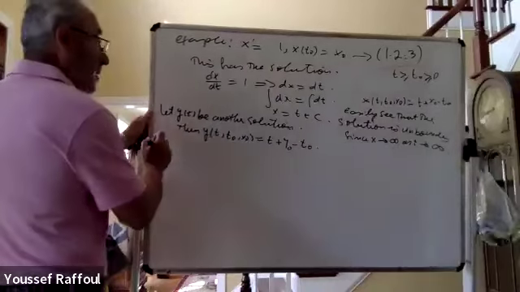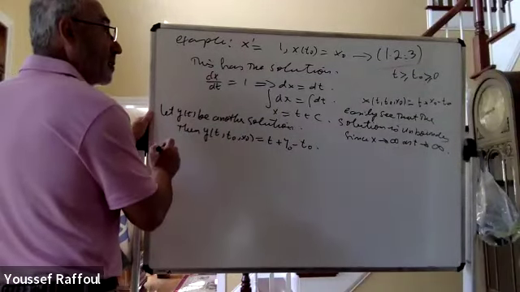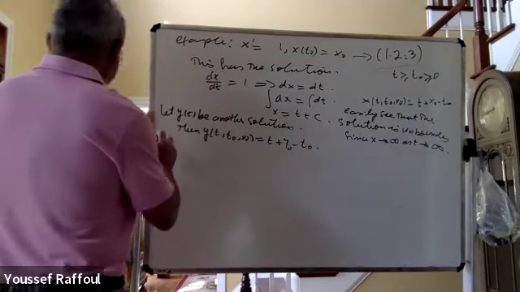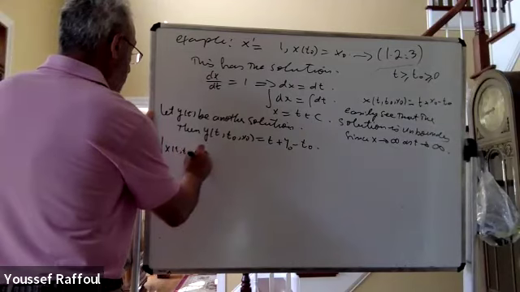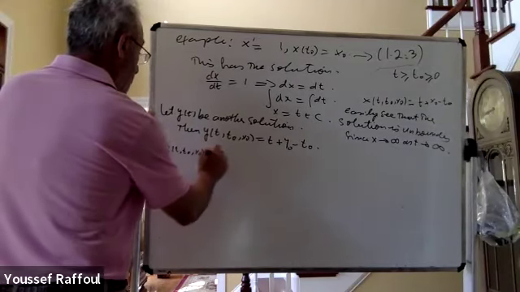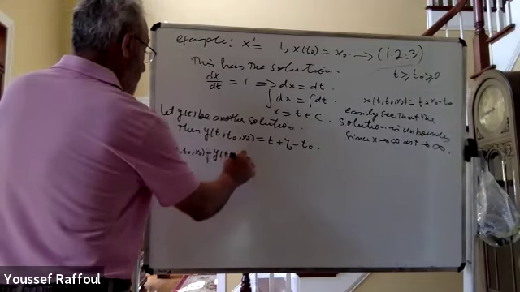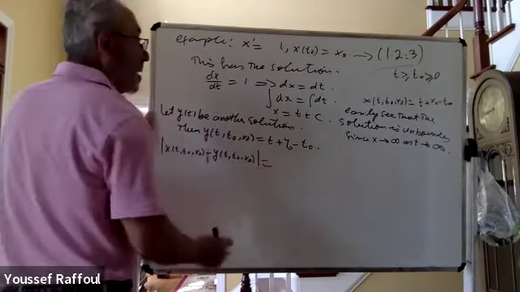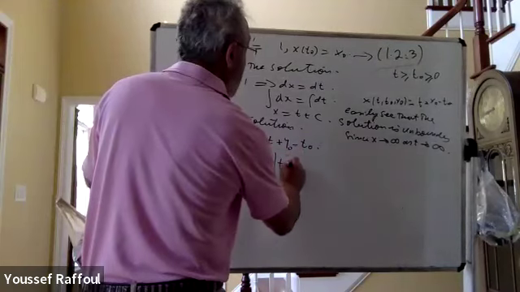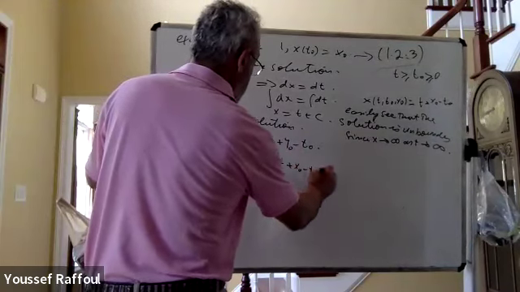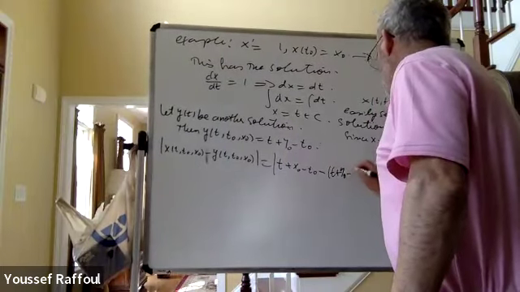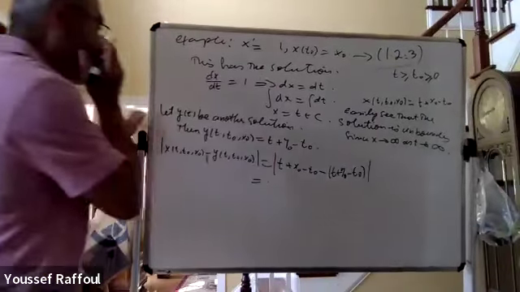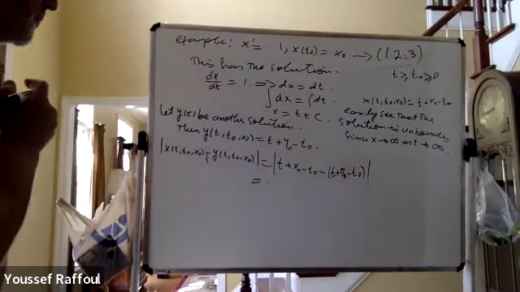So let's take a look at the difference between x(t, t naught, x naught) minus y(t, t naught, y naught), and that is equal to t plus x naught minus t naught minus t plus y naught minus t naught, okay?